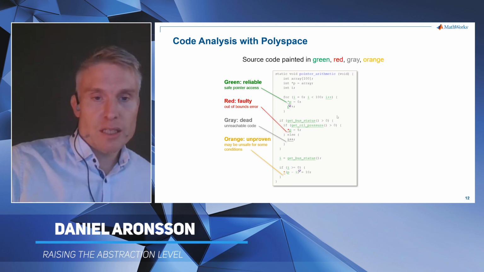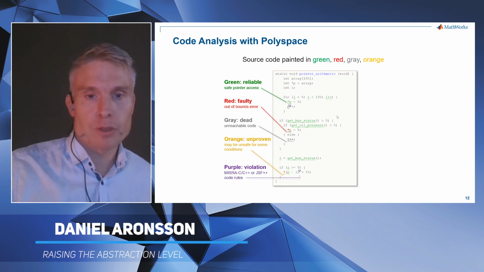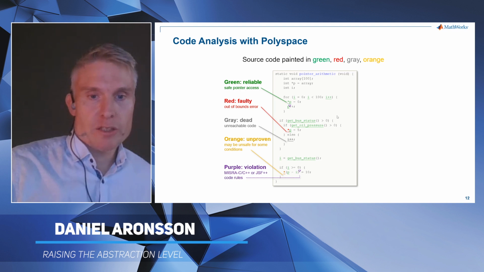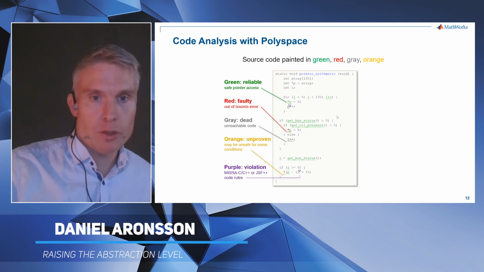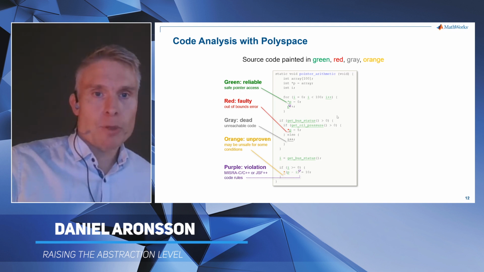And the last thing that it can do is that even if a line is programmatically sound, it may violate some coding standards. So in this case, it may violate the MISRA C coding standard. So it will warn for that as well if you need to comply with a certain coding standard there. So that is Polyspace.